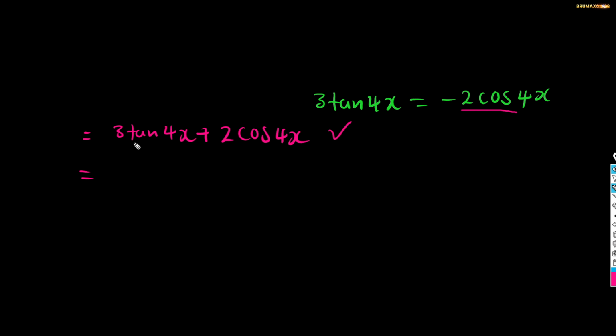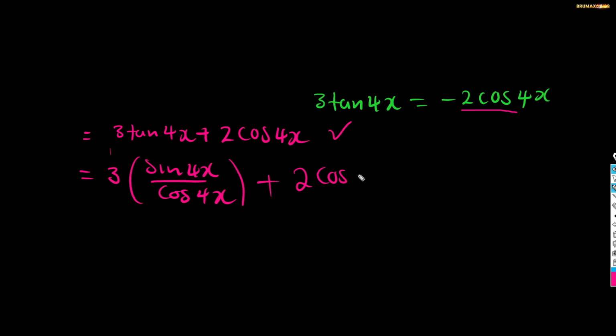The first thing that we're gonna change will be tan, and tan can be equals to the sine of 4x all over cos 4x, right? And then this will be the plus of 2 cos 4x, right? So sometimes when you see things like this, you can cross multiply, right? Because we don't have a factor. 3 and 2 not a factor, and also the sine cos whatever not a factor.